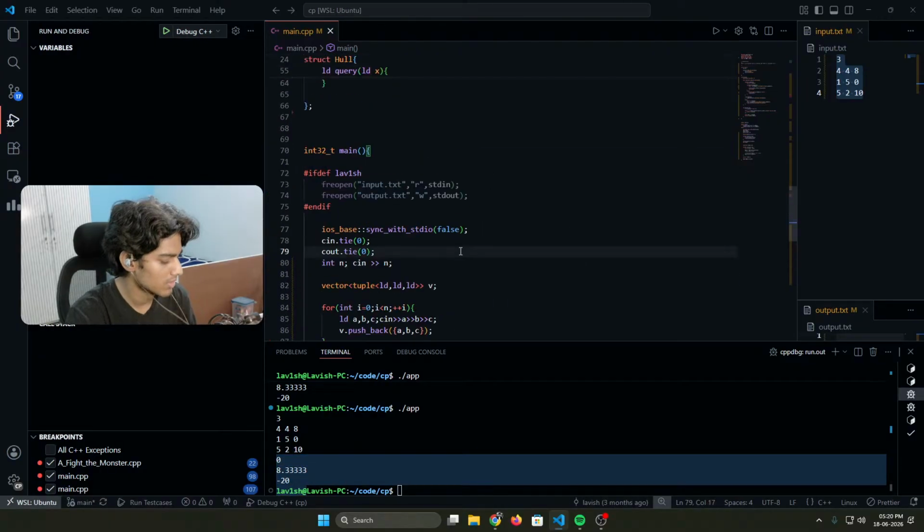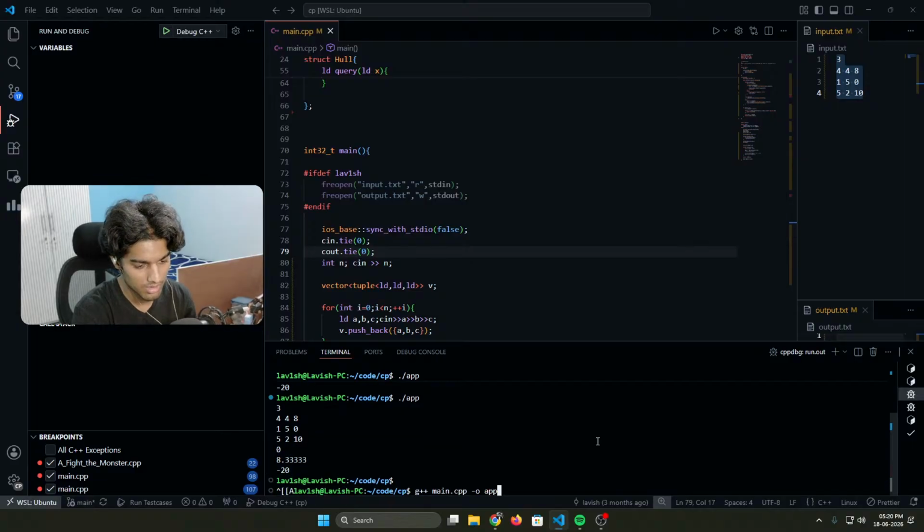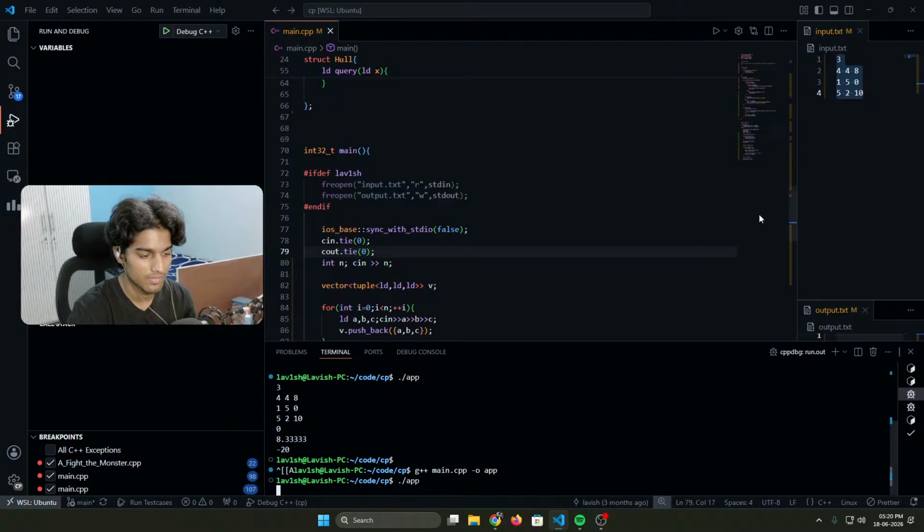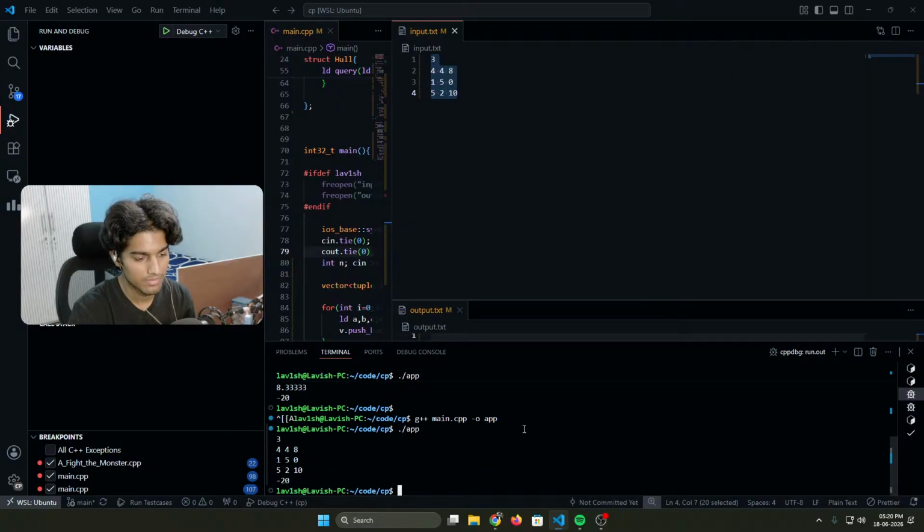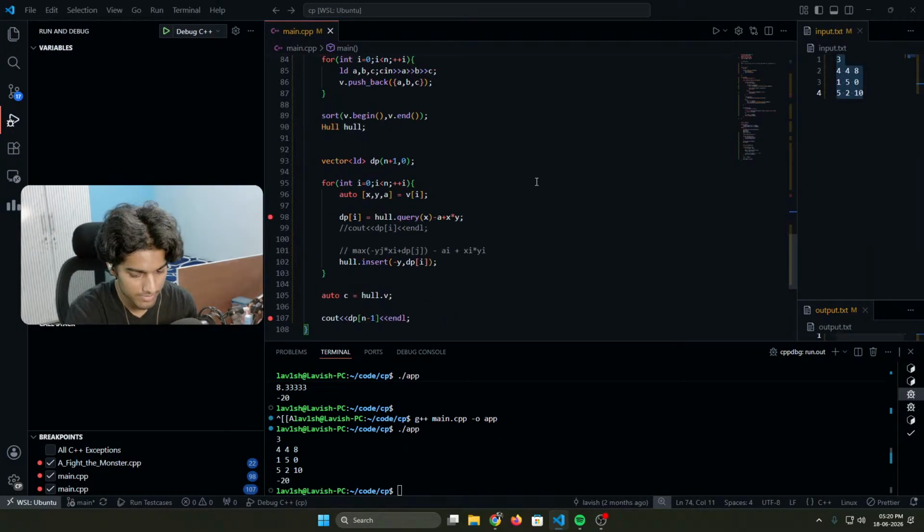There is no cout in the code. I did not compile. Yeah. Getting negative 20.